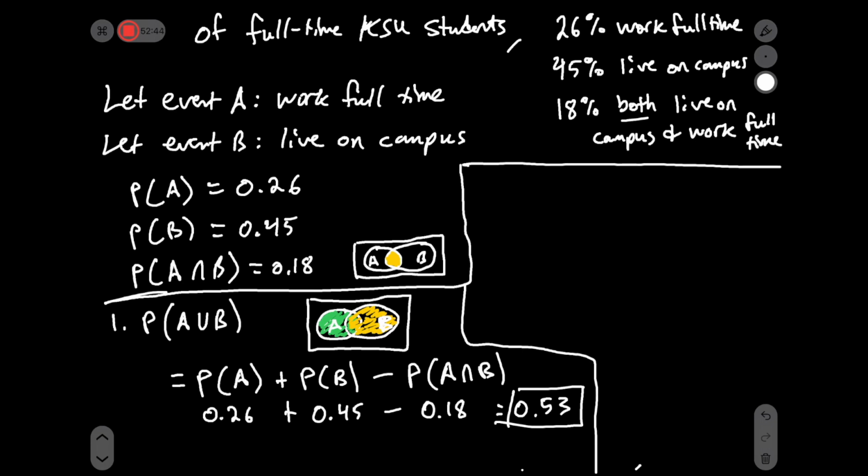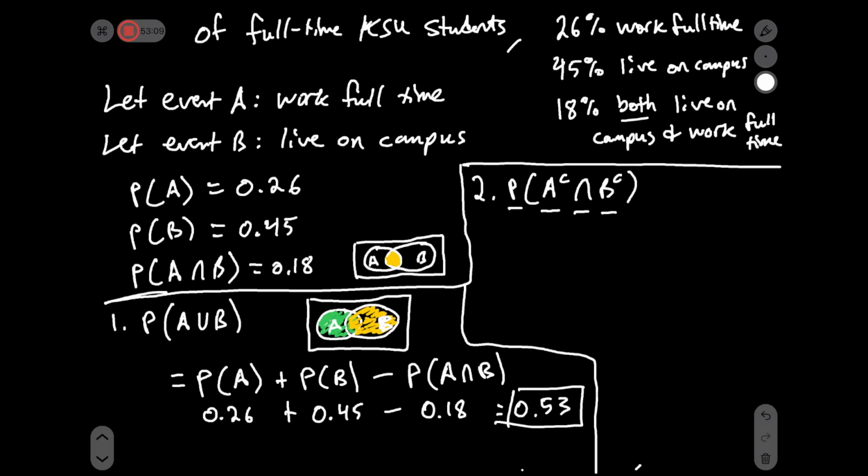We're trying to find the probability of A complement intersection B complement. The probability that they do not work full-time and that they do not live on campus.